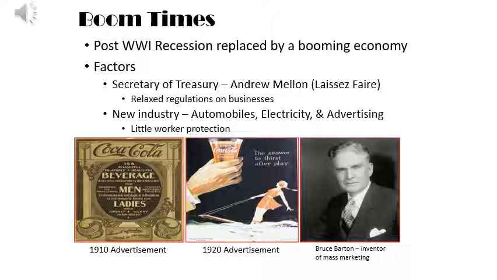Many of the factors include the Secretary of Treasury, Andrew Mellon, champion of the laissez-faire economic policy, which stressed relaxed regulations on businesses. This aided the new industries after the Industrial Revolution, like automobiles and electricity and advertising, but with little worker protection, aided by the relaxed regulations on businesses, this era was prime for exploitation of the worker class.